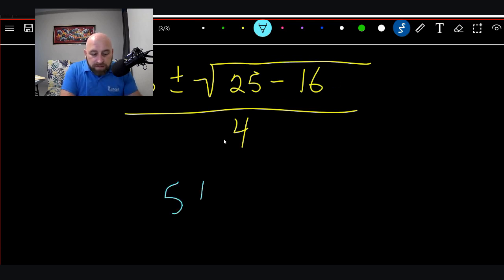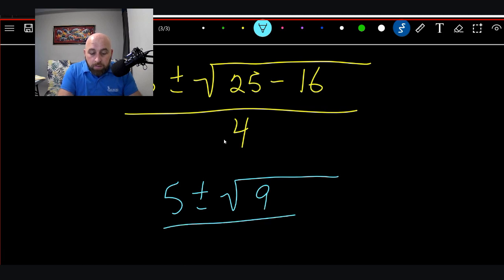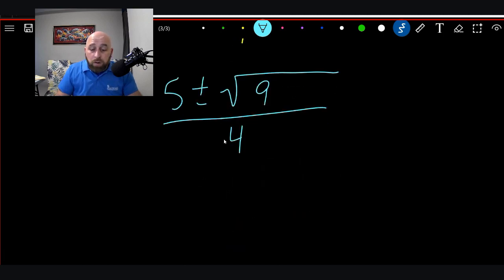So 5 plus minus the square root of 25 minus 16, which is 9, over 4. Now we know the square root of 9, so we can solve that. So now we're going to have 5 plus minus, what is the square root of 9?